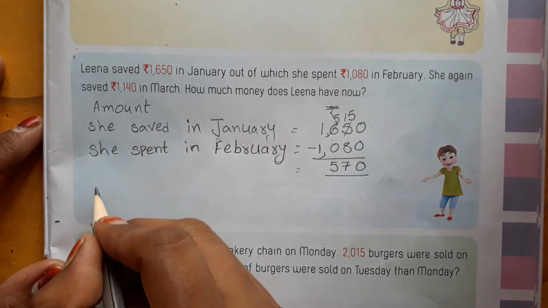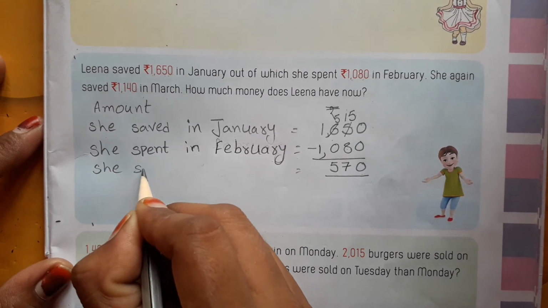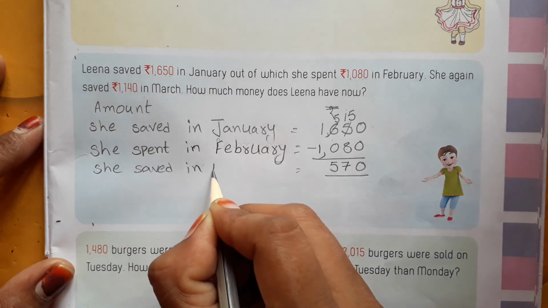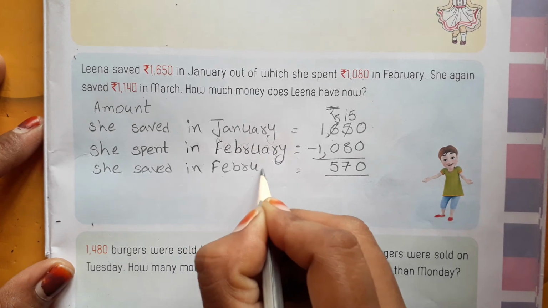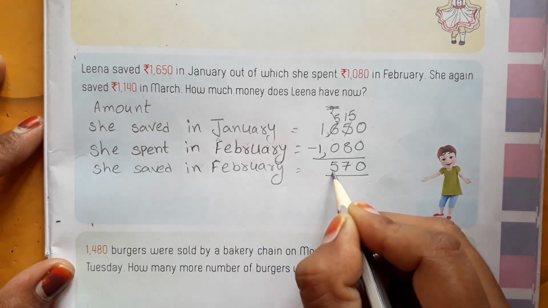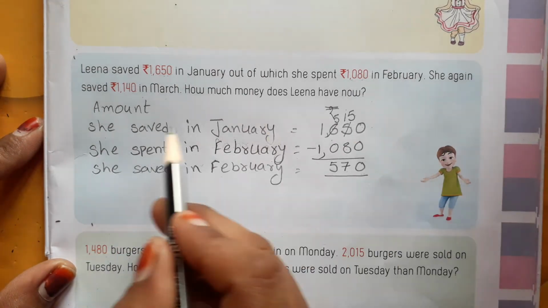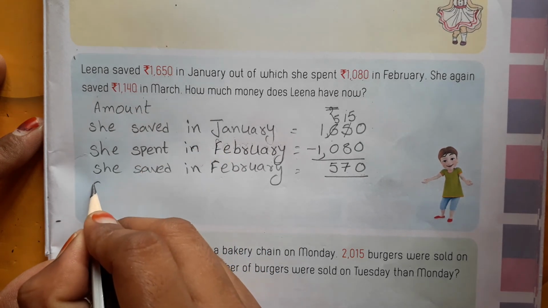So amount she saved in February. How much? 570. Next, she again saved 1140 in March.